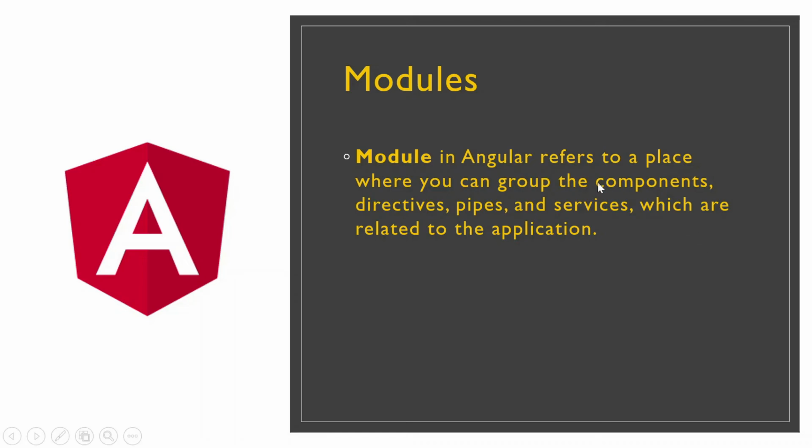So a module is used to group the components, the component that you have seen just now. About directives, pipes, and services, we will learn in further videos. To define the module, we can use the @NgModule decorator. Now we know what a module is.